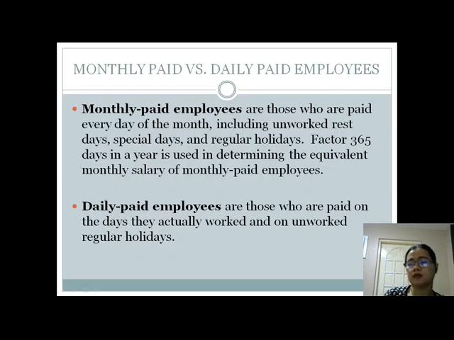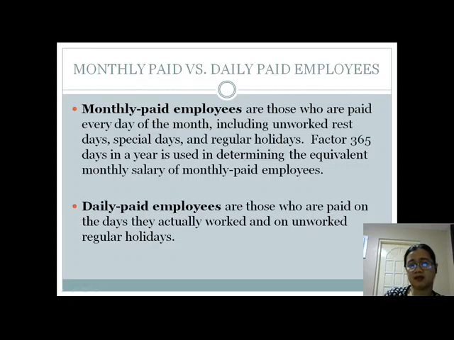Now, I also mentioned last meeting that the next topic we're going to discuss is on the holidays. However, I wanted to emphasize this particular topic, which is monthly paid and daily paid employees.